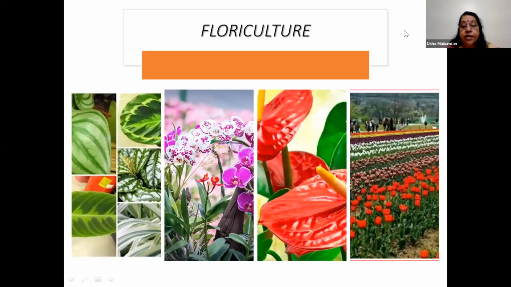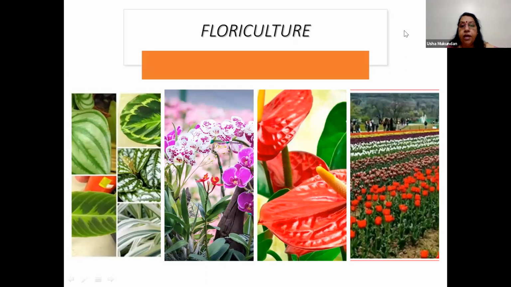Now, floriculture is not only flowers. Please remember all the accessories which grow along with it, especially the foliage leaves. You require a large amount of foliage leaves which can be mass propagated using the floricultural technique.